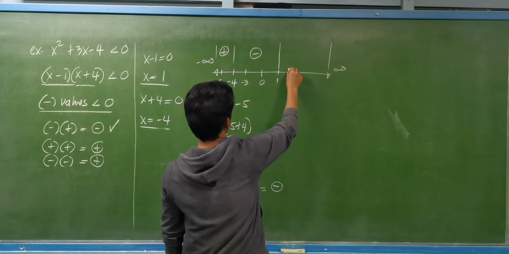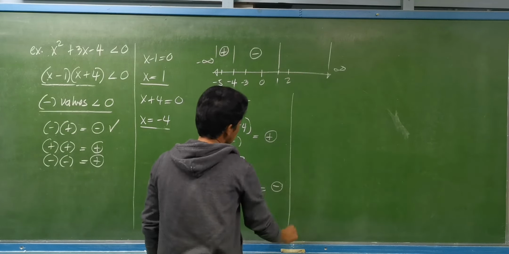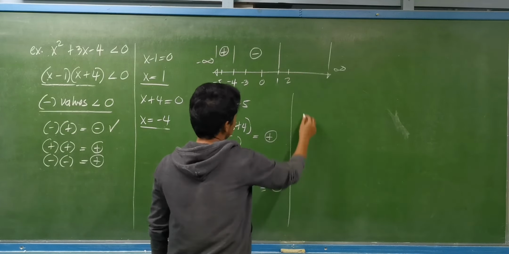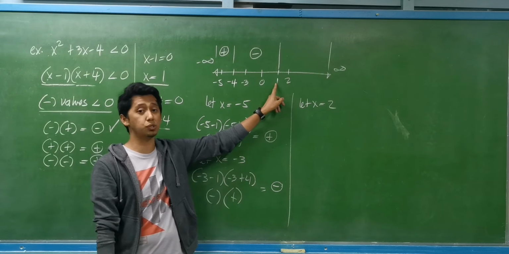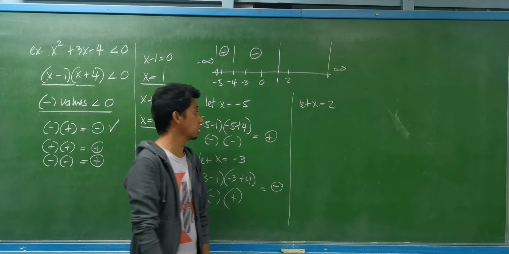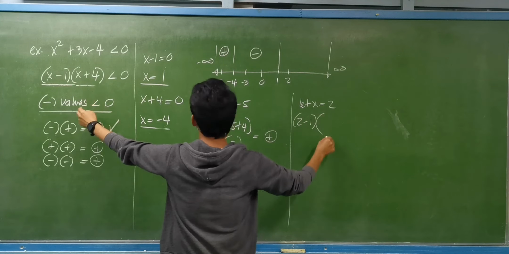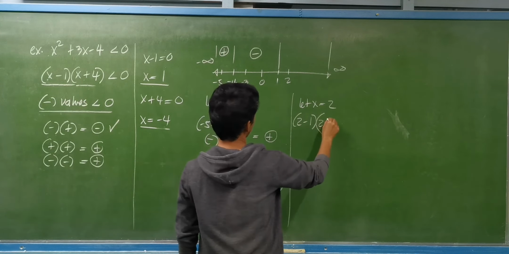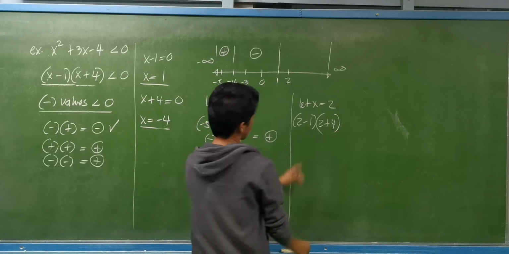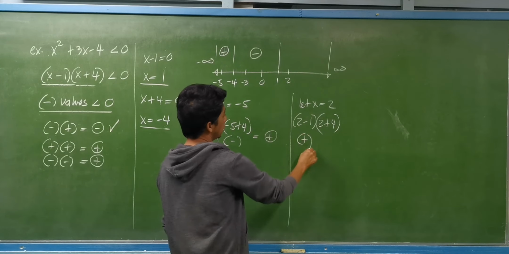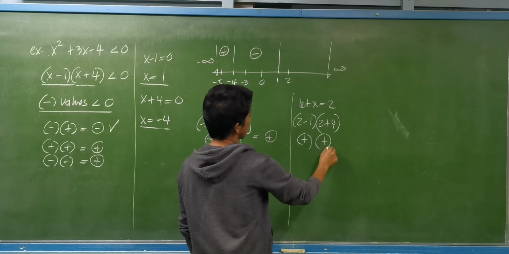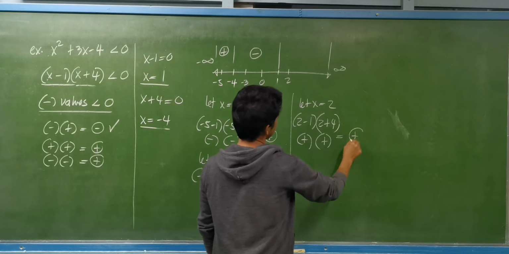Then next, for example, let x equal positive 2, a value between positive 1 and positive infinity. This is the same as 2 minus 1 multiplied by 2 plus 4. 2 minus 1 is positive 1, and 2 plus 4 is positive 6. That will give us a positive product.